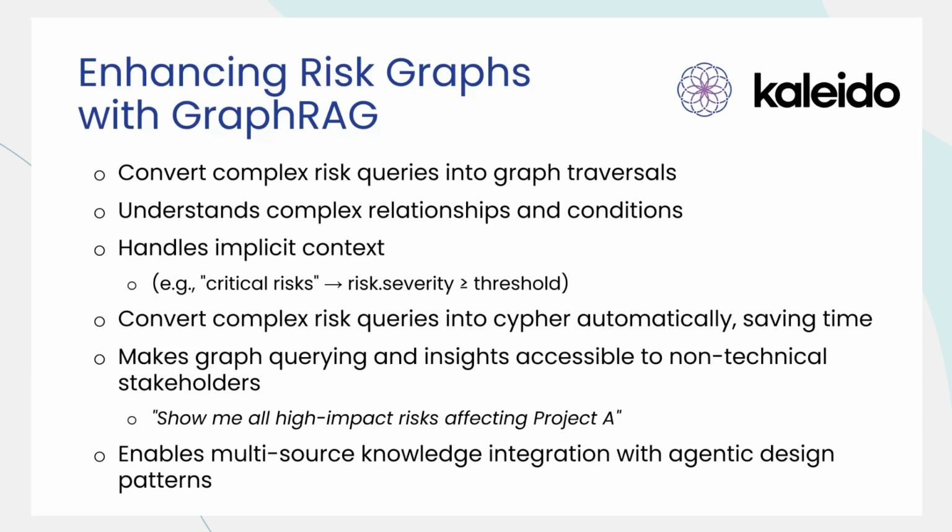An example of that could be if they're asking for the most critical risks on a project, it will be able to interpret that as the severity of the risk or the impact and apply it above a certain threshold, all behind the scenes. So this opens up the graph database for the different stakeholders. I'm just going to take you through the design pattern for this.